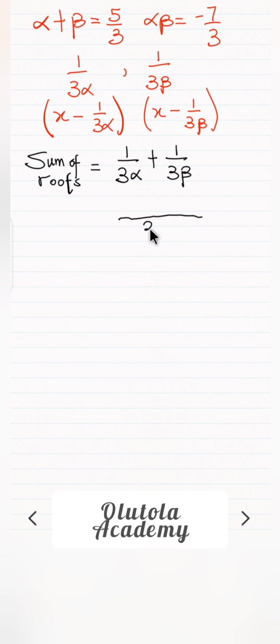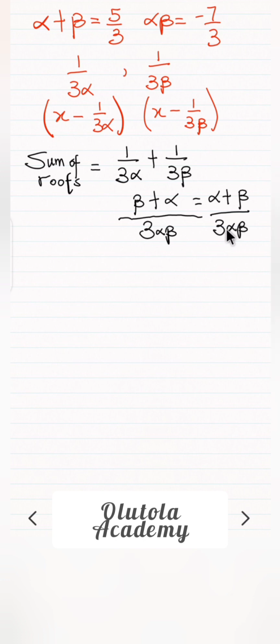The LCM will be 3 alpha beta, in which 3 alpha beta will give me beta times 1. That will be beta plus, in 3 alpha beta, that will be alpha times 1. I have beta plus alpha over 3 alpha beta, which can be rewritten as alpha plus beta over 3 alpha beta.